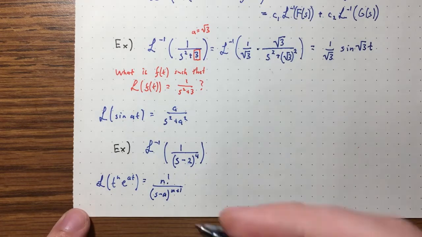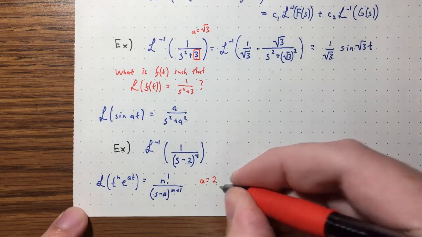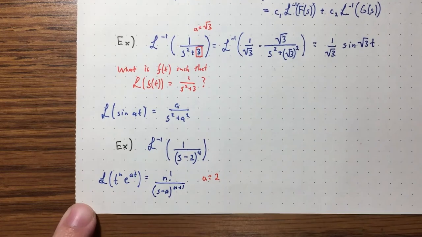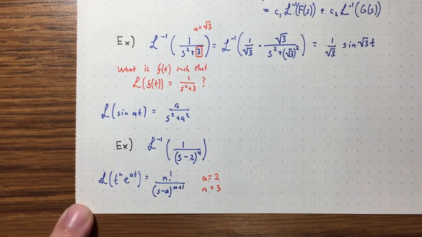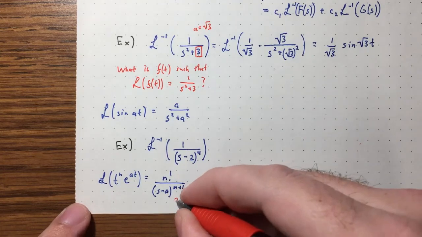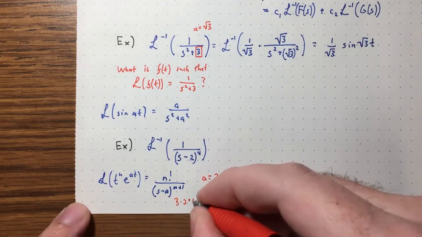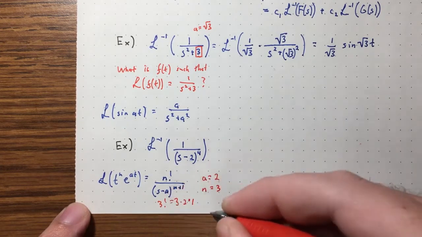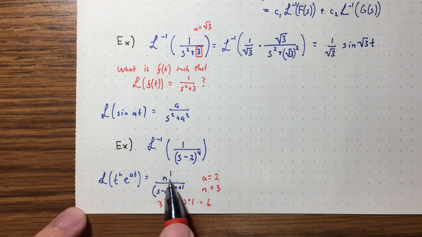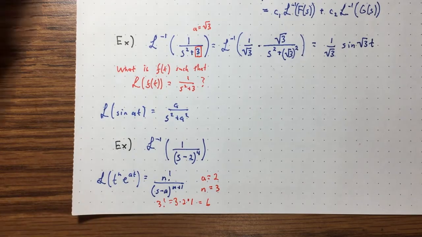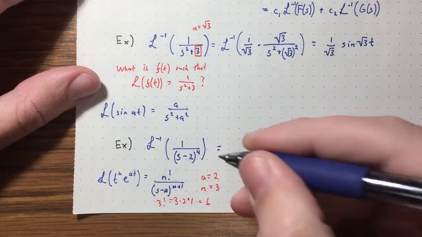Well, sure, right? So a is going to be the number 2. What is n here? n plus 1 is 4, which means n is 3. In my numerator, I have an n factorial. Well, what is 3 factorial? 3 factorial is 3 times 2 times 1, which is 6. So I want a 6 in the numerator in order to use this formula. So we know what to do.